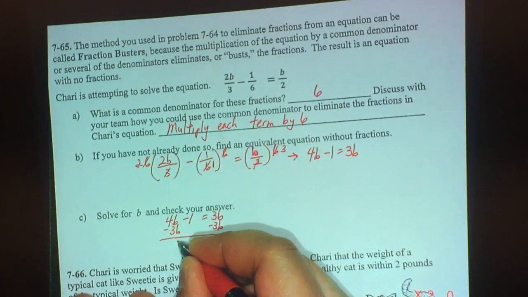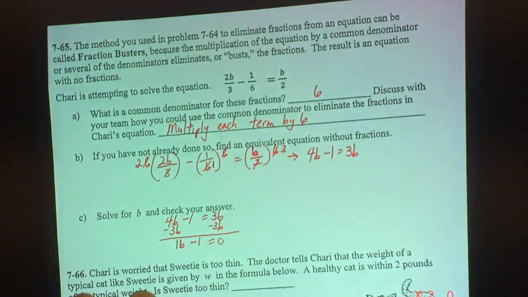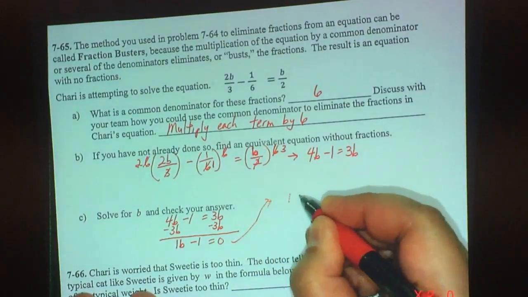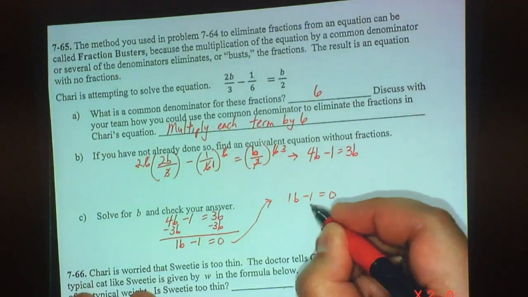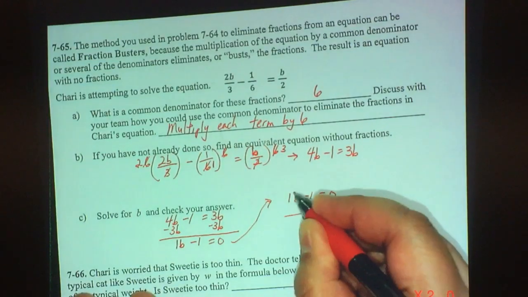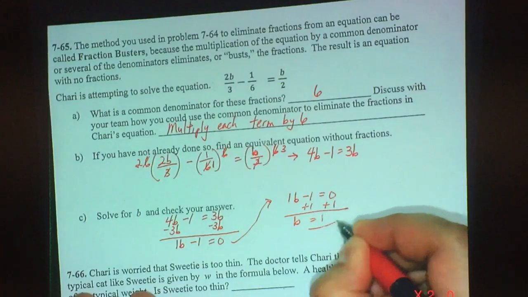So now I have 1b minus 1 equals 0. We will add this 1 to both sides. And then I'm going to take that 1 off. So I have b equals 1.